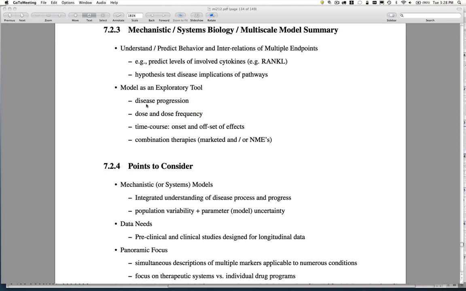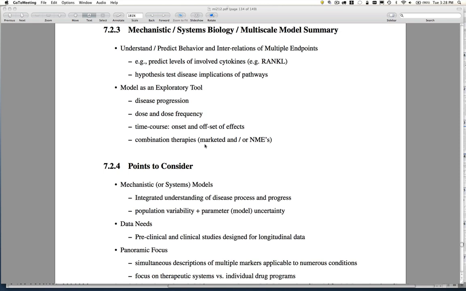So we can use the model for disease progression. We can use it to understand the effects of dose and dose frequency, onset and offset of effects, whether there's tolerance or rebound occurring. And then one thing I haven't shown, but you can imagine, is that you could use this to say, okay, what if we combine therapies? What if we use therapies within specific disease states, etc.?